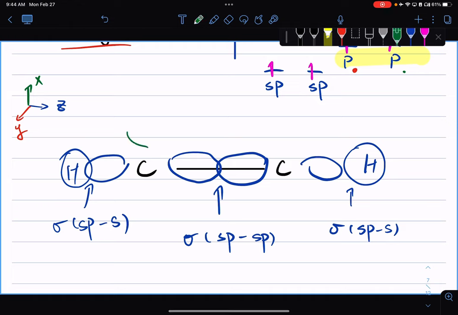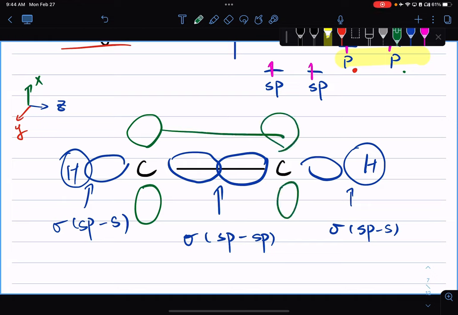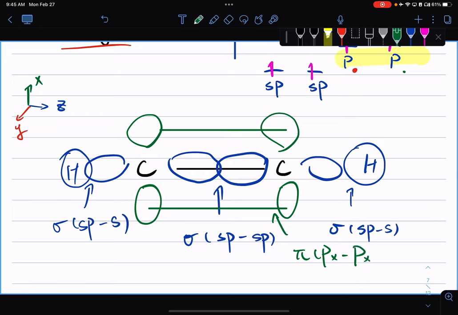So my px will interact to form my first pi bond. So everything in green here is all one single pi bond. I call it px. You can also call it py. I don't care how you call it.